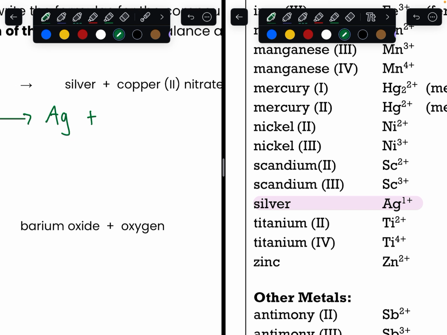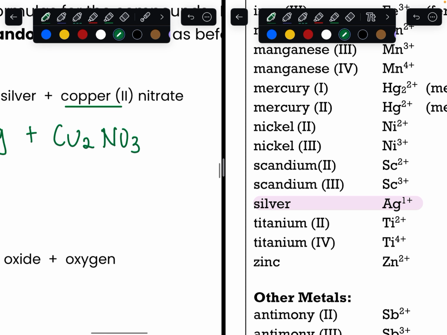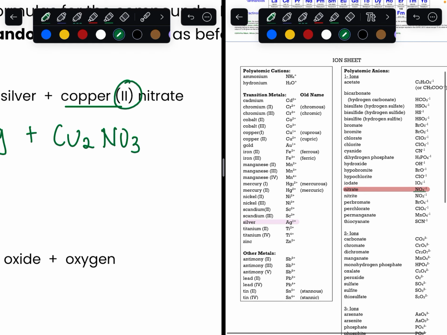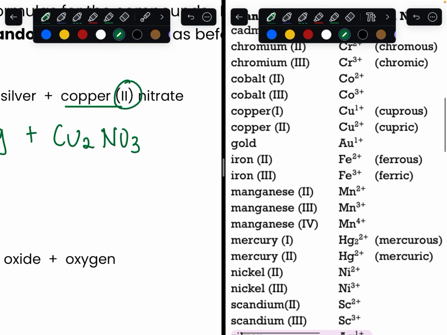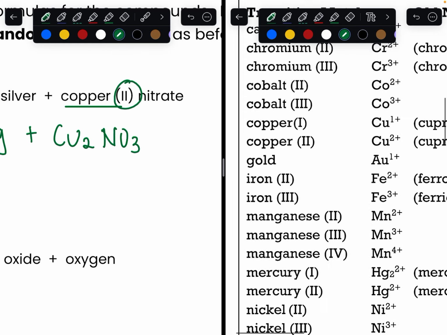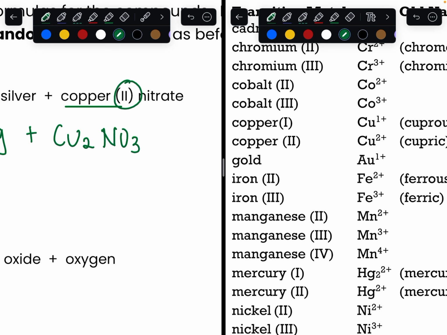Now for copper, we are going to look at copper 2. A lot of students at this point might be tempted to put down 2 coppers with a nitrate, but what I would ask you is, what is the charge of copper 2? If I look it up on my periodic table here, copper 2 has a charge of 2+. So it's not saying that there are necessarily 2 coppers.